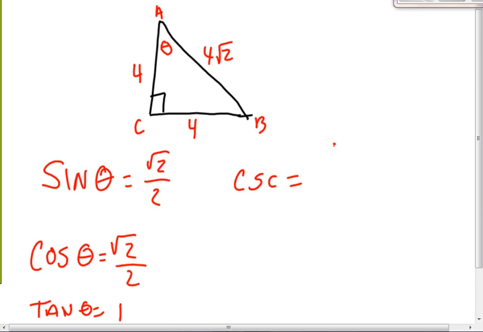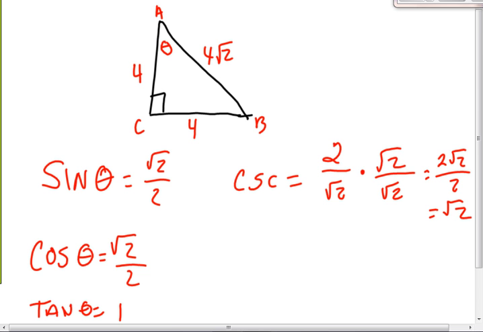So in effect, you're inverting the fraction. And remember, we cannot leave the square root of 2 in the denominator, so we multiply it by whatever the radical is. So we have 2 square root of 2 over 2. 2 over 2 reduces to 1, so the answer is square root of 2.